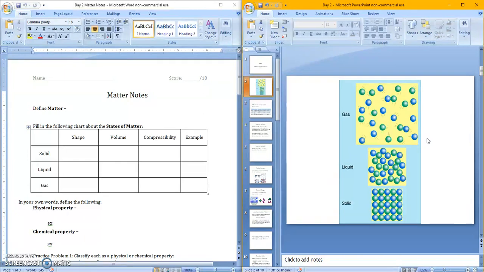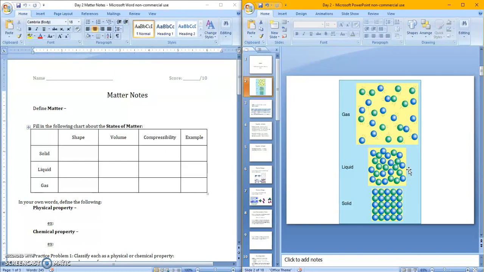When we're talking about volume, it ties in with the shape. So if I have a solid, no matter what I do to that solid, it will always have a fixed volume. It's always going to be 1 milliliter, 2 milliliters, 3 milliliters, whatever it is. A liquid, if I have 4 cups of orange juice and I pour those 4 cups from a large pitcher into a glass, it's still going to be 4 cups even if it has a different shape.